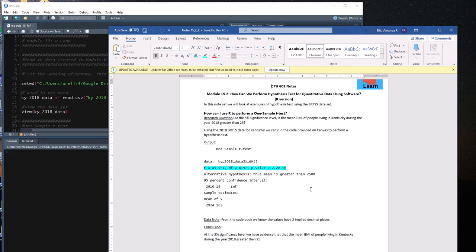In particular, for this example, we're going to look at the BMI of people living in Kentucky during the year 2018, and we might want to know, on average, is the BMI for all people living in Kentucky during 2018 greater than 25? And to answer this question, what we're going to do is take our sample data and see if there's enough evidence in that sample data to suggest that this is the case. And so we can use the one sample t-test here.